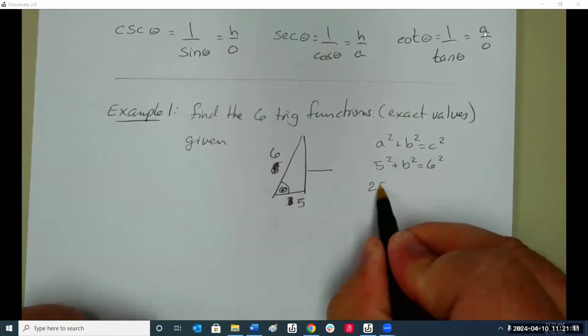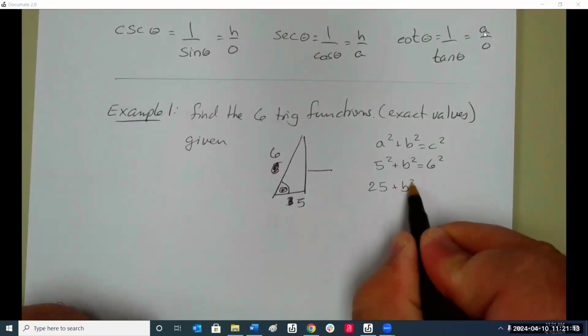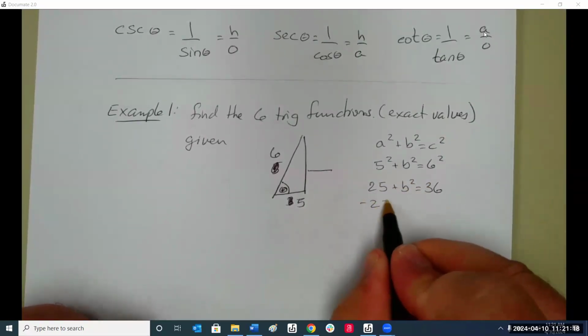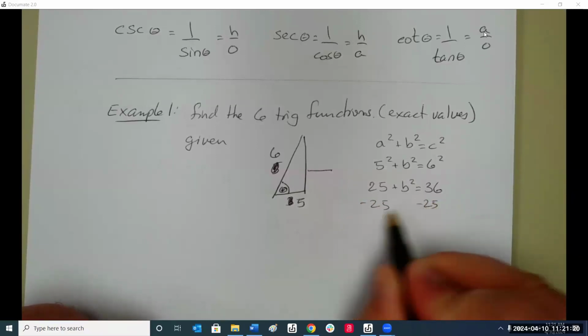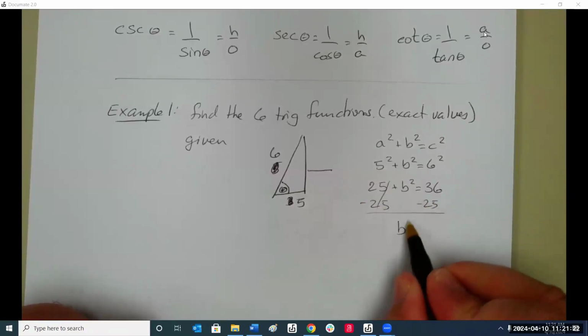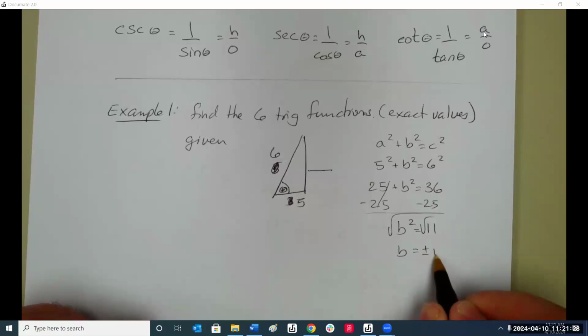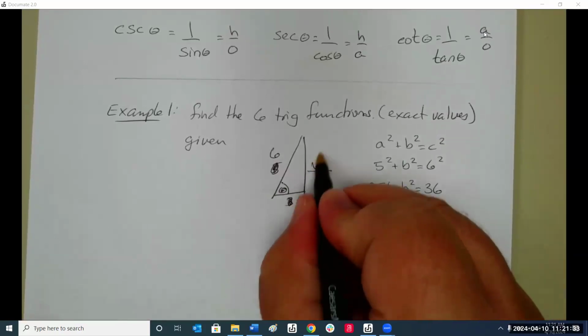So we have 25. 6 squared is 36. So b squared equals 11. B equals plus or minus square root of 11, and you can't have a negative side. So square root of 11.